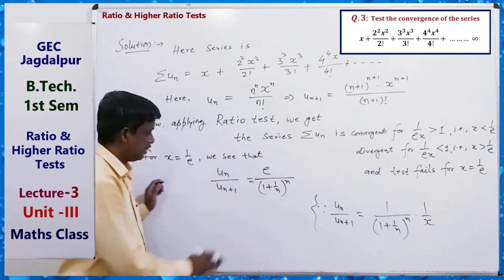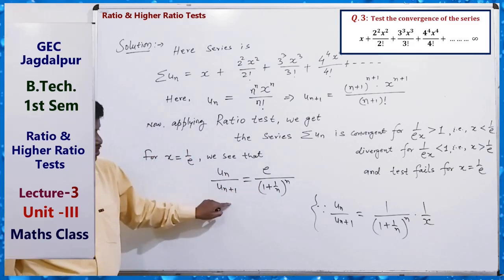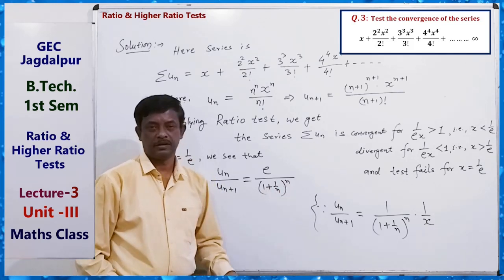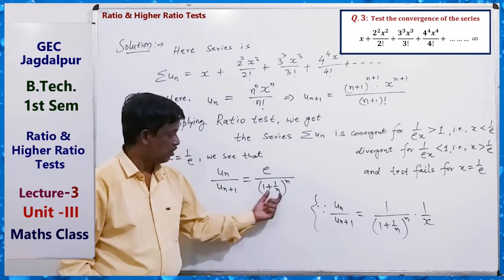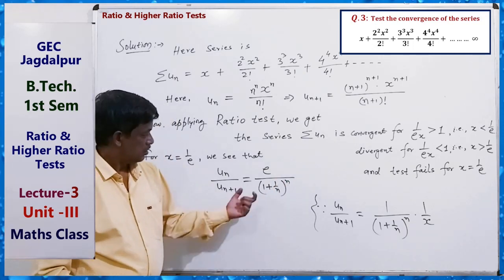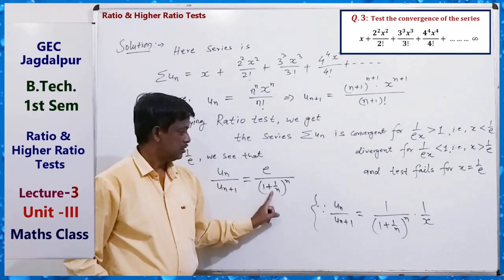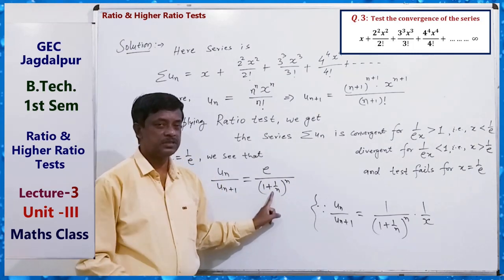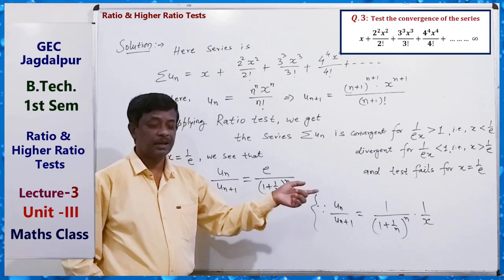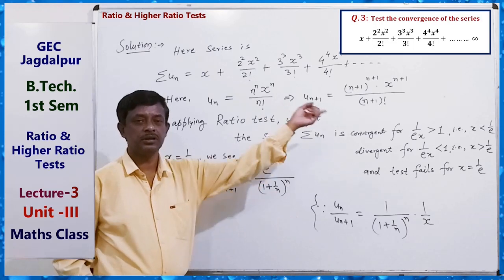So here see that the value of un upon un plus 1 equals to e upon this power n. We cannot always get the value term by term having n only in the denominator, because some n will also be in the numerator.